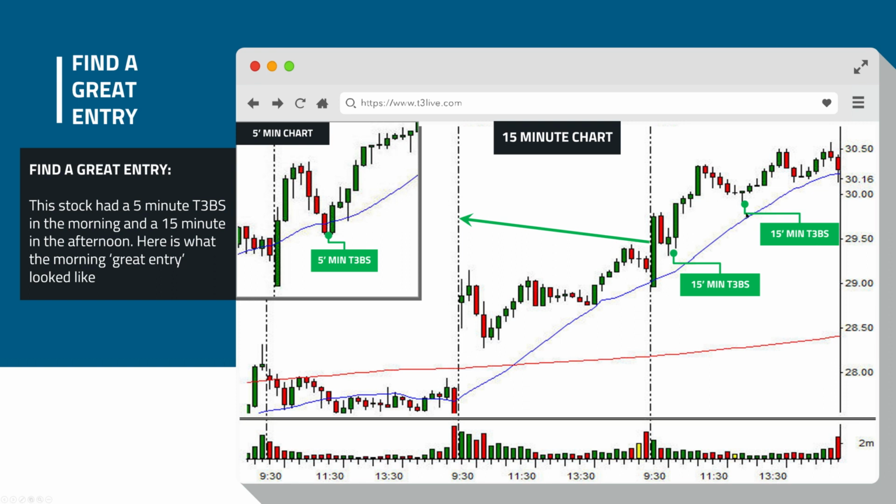So guess what's going to happen when the stock breaks low of the day? Oh yeah, it's going to drop. It actually didn't drop that much, but that's the second step: find a pattern that you know and love. But make sure before you take it that the market is also going in the direction that you're trying to play. The market is bearish, which it was. The market was pretty bearish.